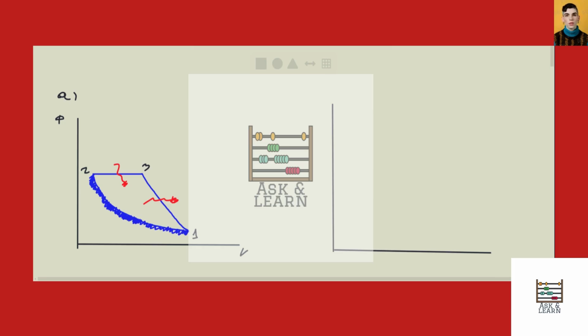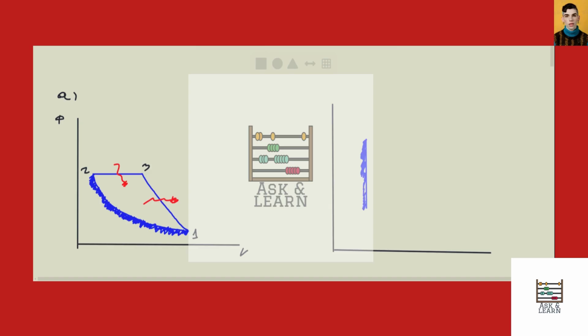So this is the PV diagram for this cycle. Now let's see the TS diagram. Always remember that isentropic processes in TS diagrams are represented by vertical lines. So this is the vertical line, which is an isentropic process.